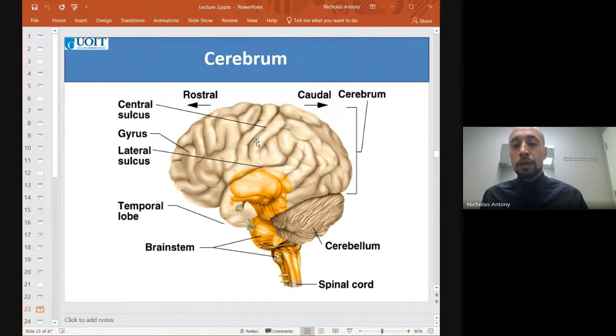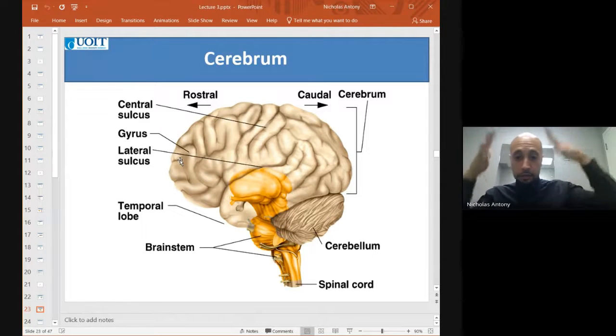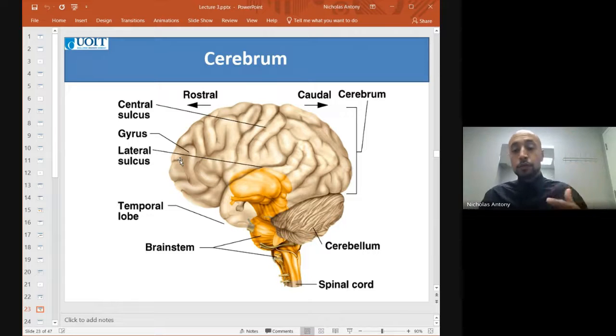Now, when learning neuroanatomy, and I discussed this in Intro to Movement Neuroscience, it's different than learning origins and insertions of muscles. The brain is gooey, it moves around like jello, so it doesn't look exactly the same in everybody because it could be jiggling around. What is the same between individuals is the location of these folds.